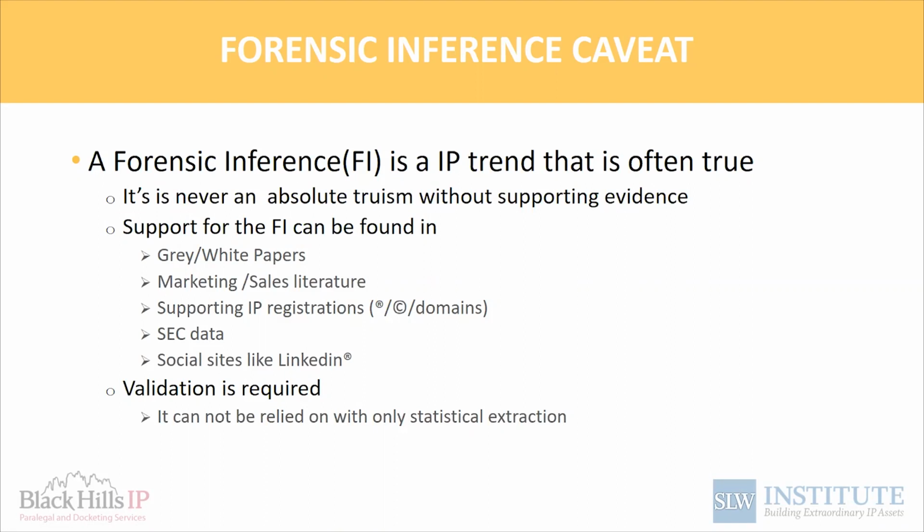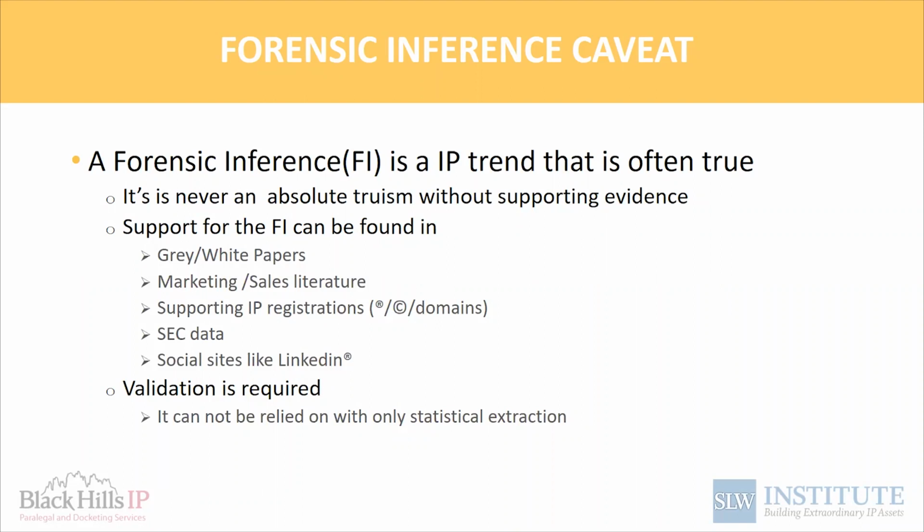So I tend to find lots of interesting statistical data. I do this probably hundreds of times a year across many, many industries. So I can find inferences based upon quirks in the data, general business practices of the companies that are performing that. But I always go out and try to look for supporting evidence to support the statistical or the forensic inference that I can get out of the patent data or the trademark data, whatever data I'm looking at.